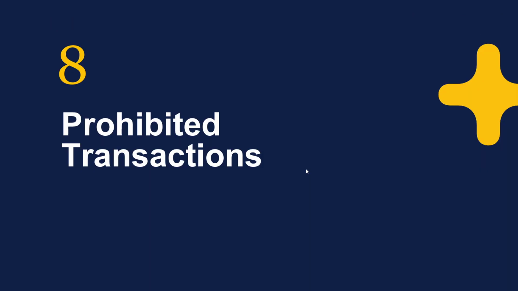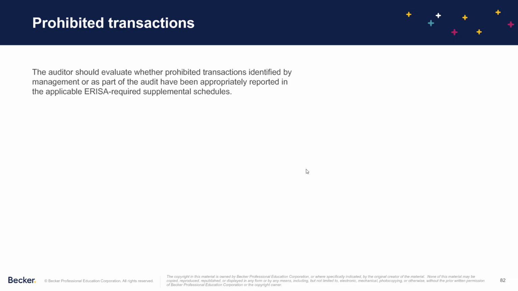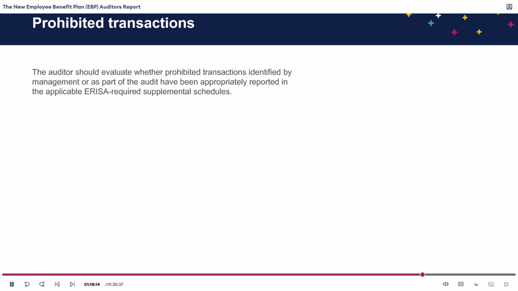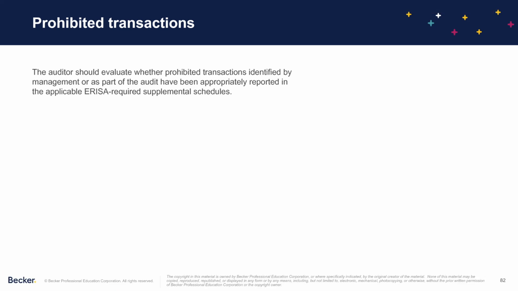Now let's talk about prohibited transactions. So we should evaluate whether prohibited transactions identified by management or identified as part of the audit have been reported in the ERISA required supplemental schedule. So if you remember earlier, we were talking about if things were materially misstated or if there was material inconsistency.